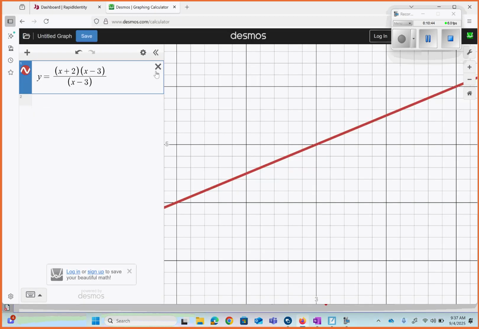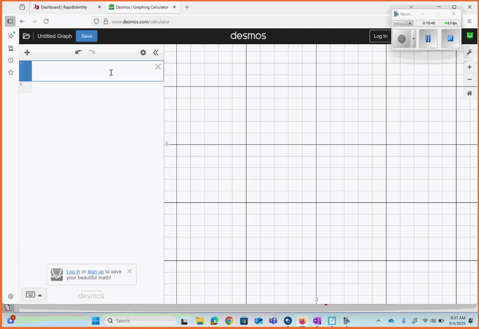Let's go y equals x raised to the third plus 2x to the second plus 5x plus 3.